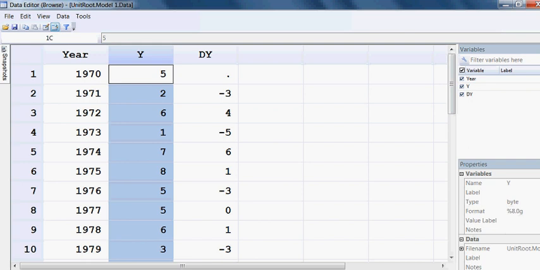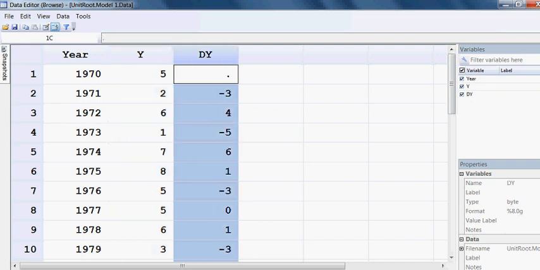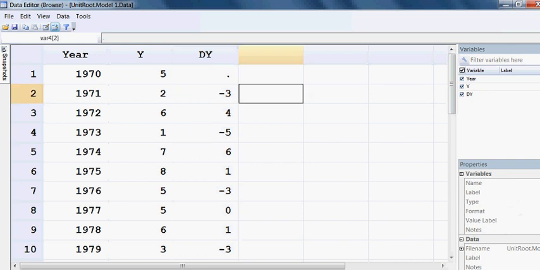And what I have also done is converted this y variable into first difference, and that is called dy. The first row I have kept blank, so I start from the second row.